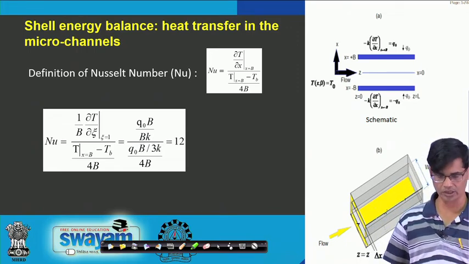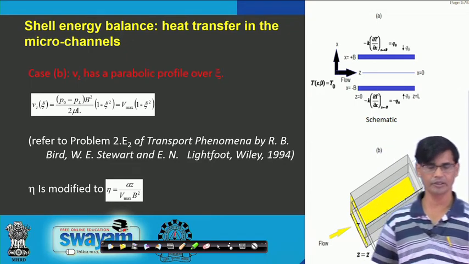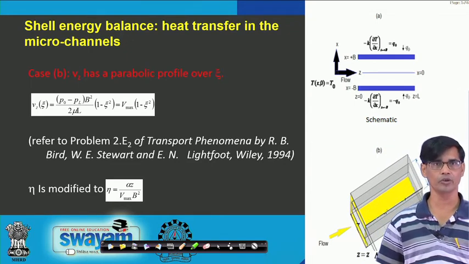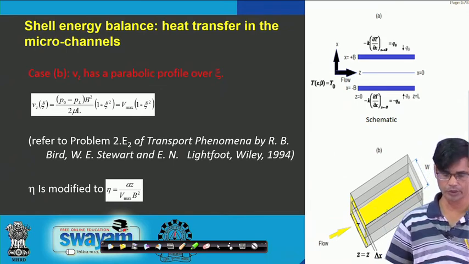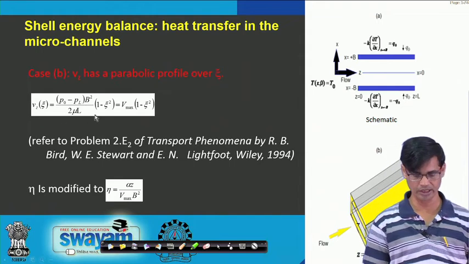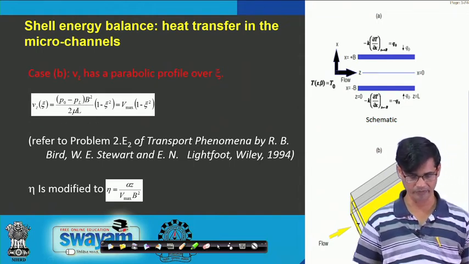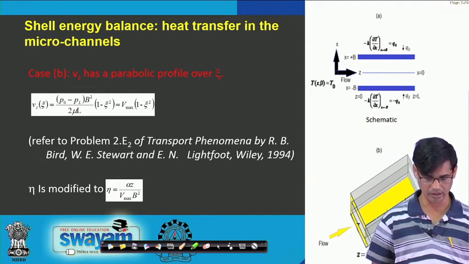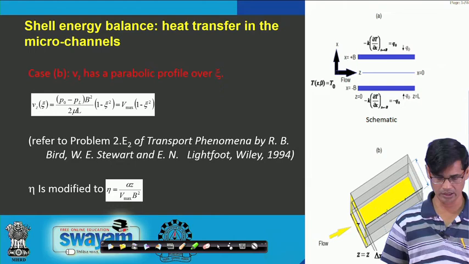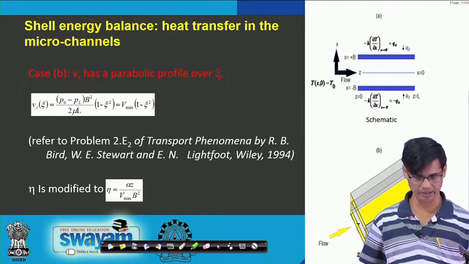Now I can switch to the case where the velocity is changing parabolically over the cross section, and we can use this velocity profile, the laminar flow profile, which is parabolic in nature. This problem is there in Bird-Stewart and tells you the velocity profile across the cross section in the slit.